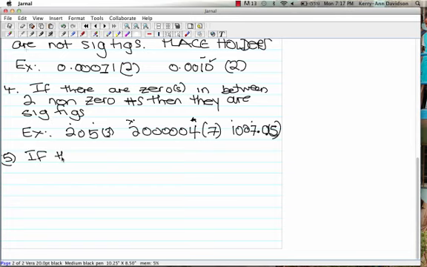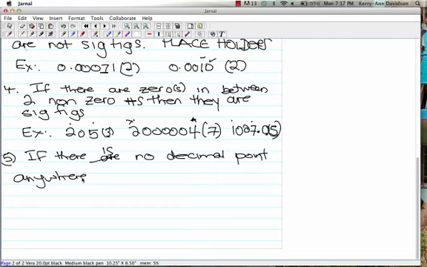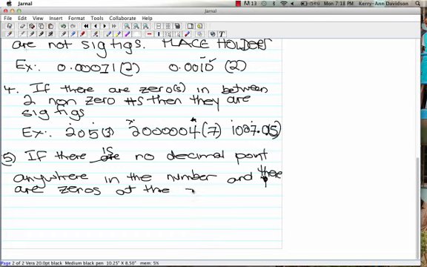If there are no, or I should say in this case, there is no decimal point anywhere in the number and you have 0 at the end, then they are not sig figs.